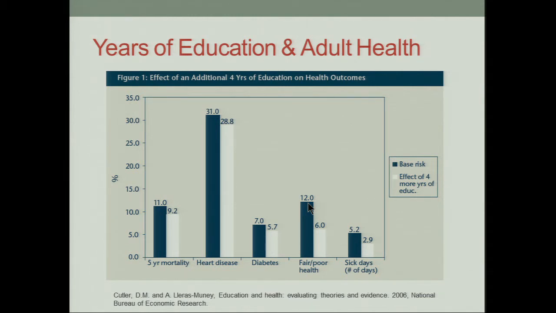What you see pictured here is the effect of 4 additional years of education on mortality, heart disease, diabetes, general health, and the number of days missed from work due to illness. This comes from one of the more famous research papers in this field by Cutler and Lleras-Muney. They looked at this in a national sample of adults over age 25. But the same pattern has been repeated across many samples, across times, across geographic regions.